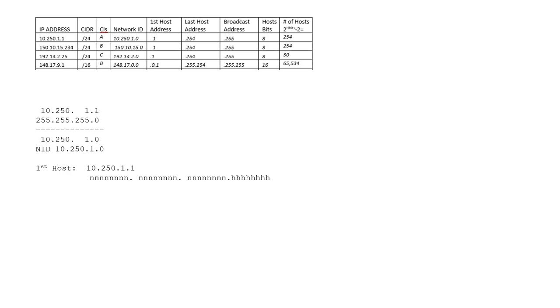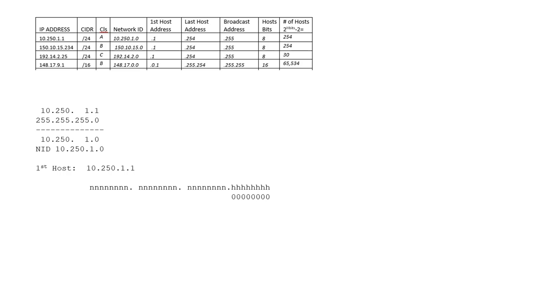So I've got 8 host bits. Anytime your host bits are all zeros, as in the case of our network ID up here, that identifies a network ID.